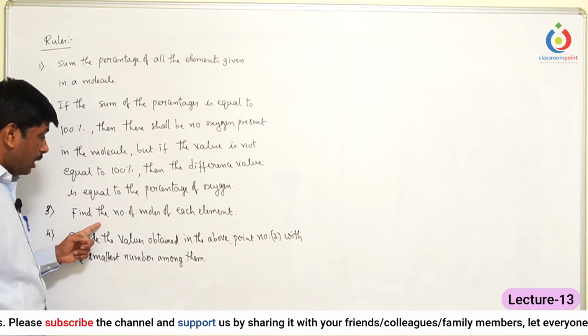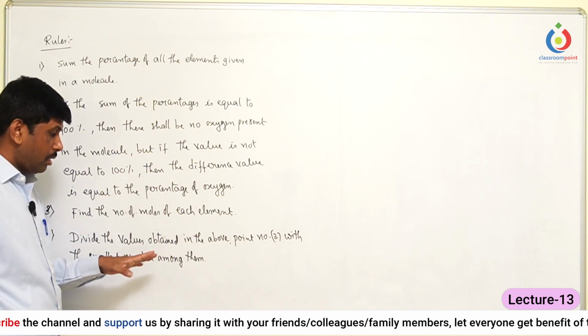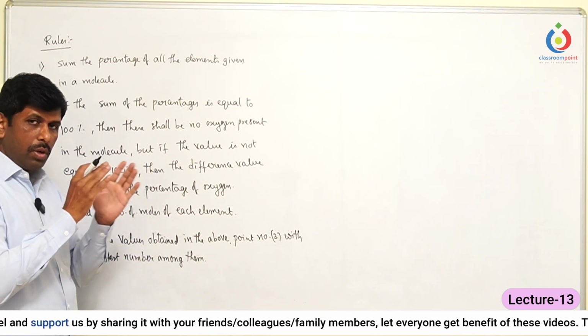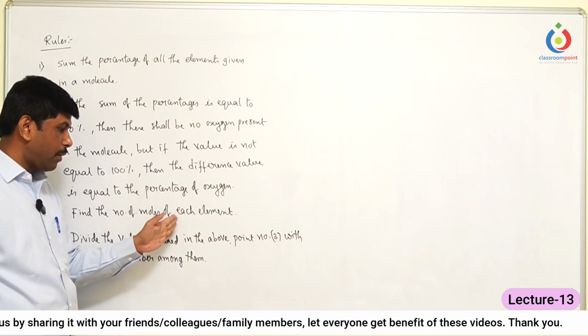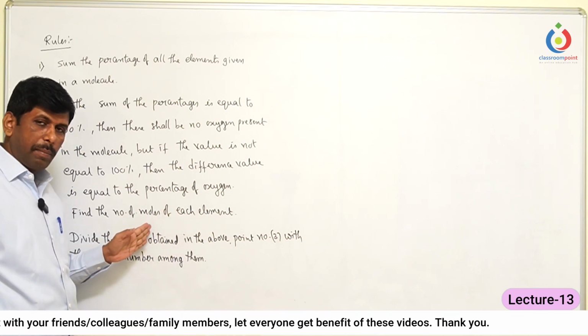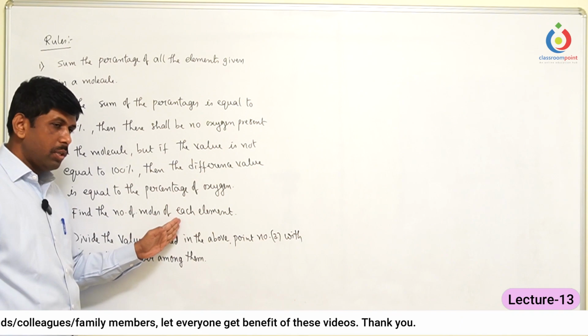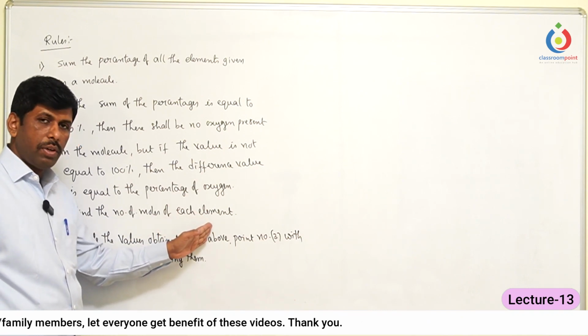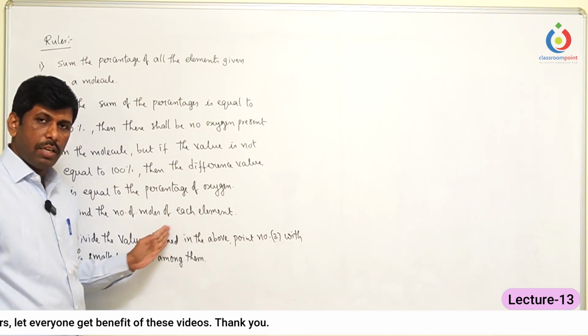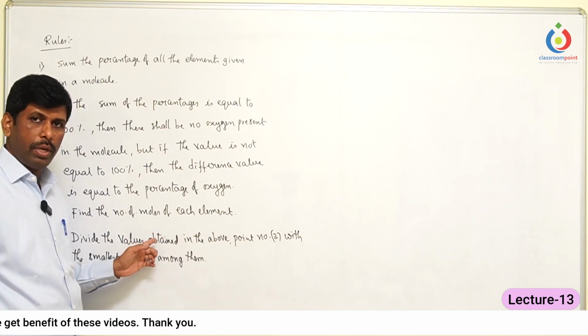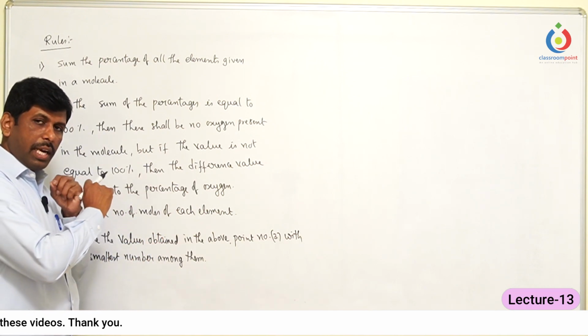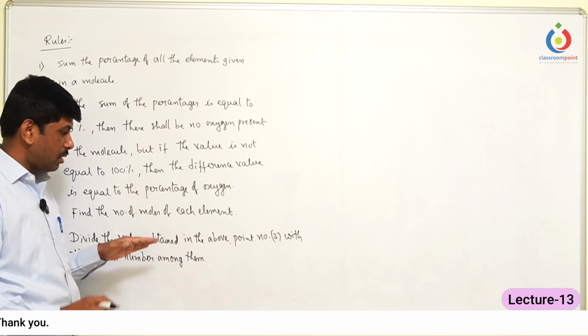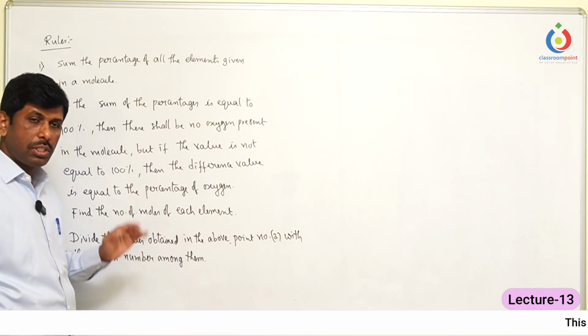So after calculating the number of moles of each element, for example, carbon, hydrogen, oxygen is there. Carbon value you got 2, hydrogen value you got 4, oxygen value you got 8. Then which is the smallest value? Carbon, 2. So using that number, again divide all the values with the smallest number among these, so that you will get the moles ratio.